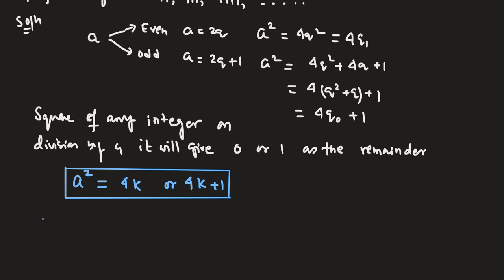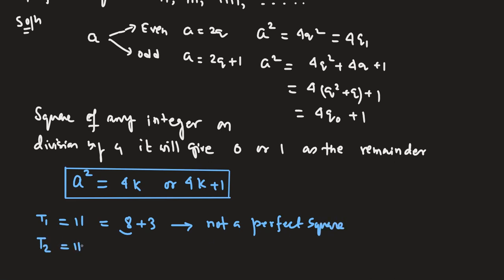Now take our first term of the sequence, t1, which is 11. This number I can write as 8 plus 3. This part is divisible by 4 and gives a remainder 3 when dividing by 4. Since the remainder is not 0 or 1, this is not a perfect square, because here I use the division algorithm by 4 only.